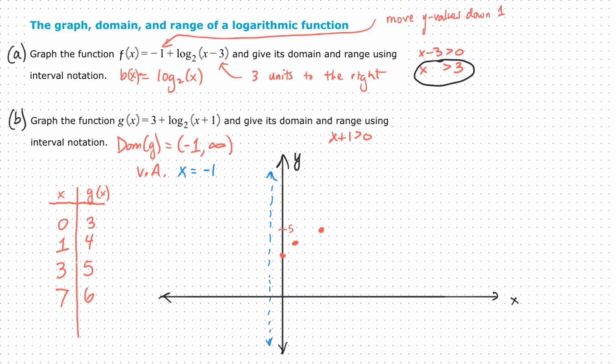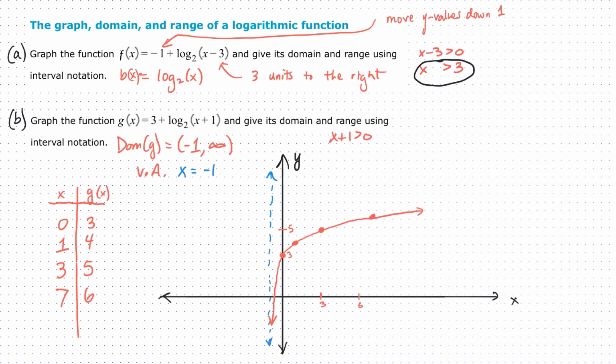So right here, this is 5. In case you're wondering, this is 3. We have 7, so this is 6, right here. And you draw in your vertical asymptote. You have enough dots, connect them. This approaches down like this, never crosses the vertical asymptote. And so there is your graph.